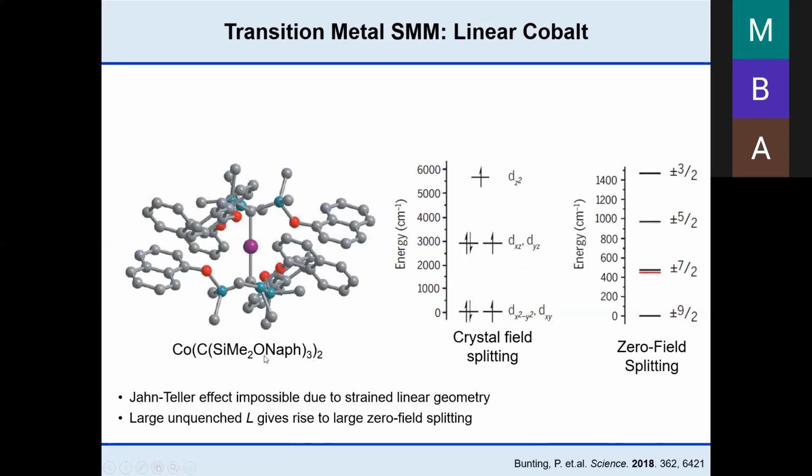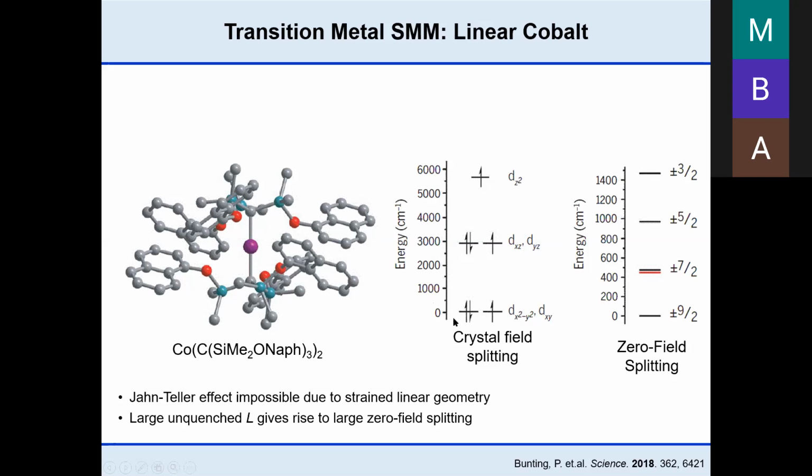A good example of a transition metal single molecule magnet is this linear cobalt compound that was shown in class, where we have this cobalt(II) d7 species ligated by two alkyl substituents in a linear fashion. This complex is unusual in that our crystal field splitting is quite small, and we have a linear geometry.